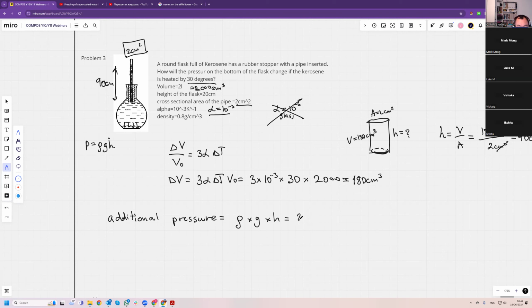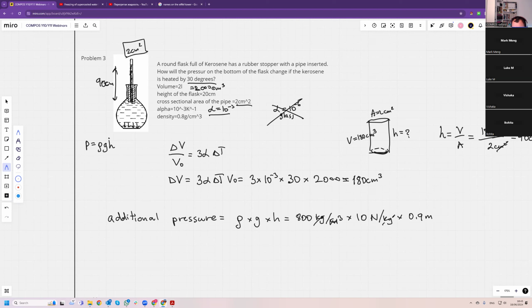Density is 800 kilograms per cubic meter, multiplied by g, which is 10 newtons per kilogram, multiplied by h, which is 0.9 meters.